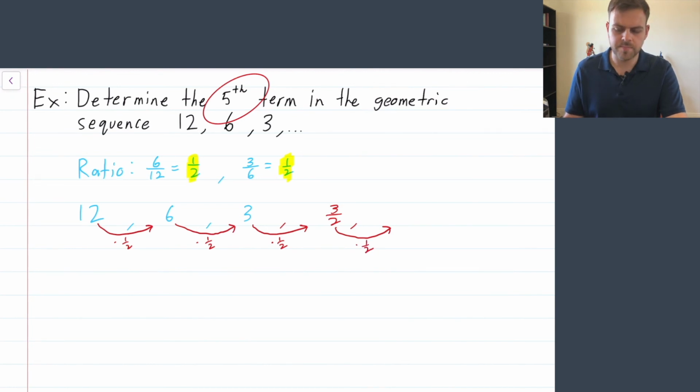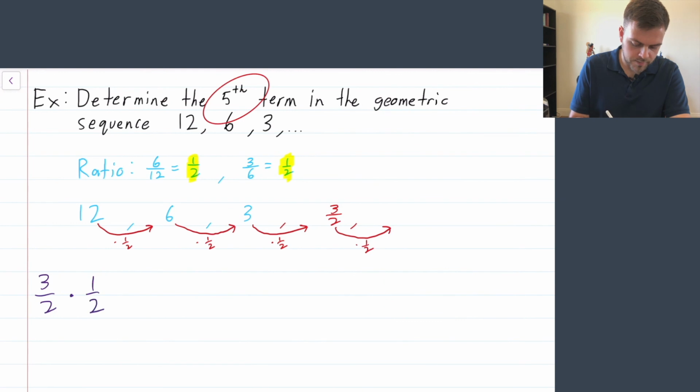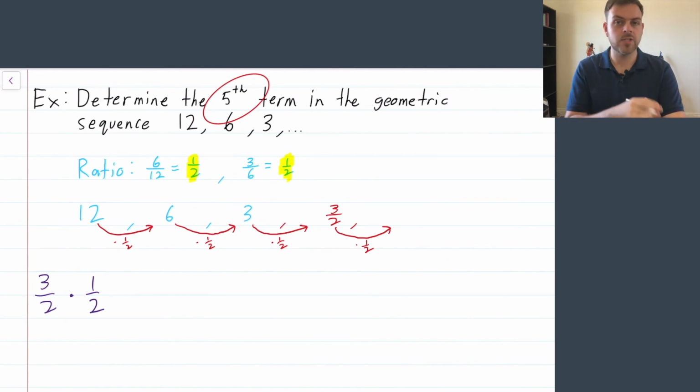And how do I multiply fractions with fractions? Just a side note over here. 3 over 2 times 1/2. All you do when you multiply fractions is multiply across. Not diagonal, that's cross multiplying, a totally different thing. You're just going to be multiplying the numerators together and then the denominators together.